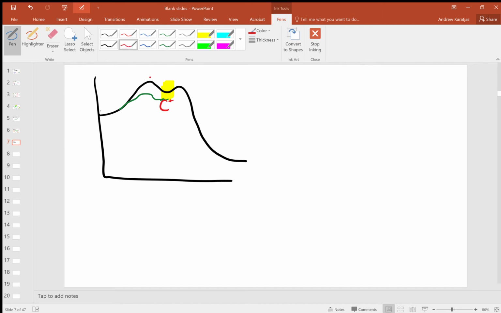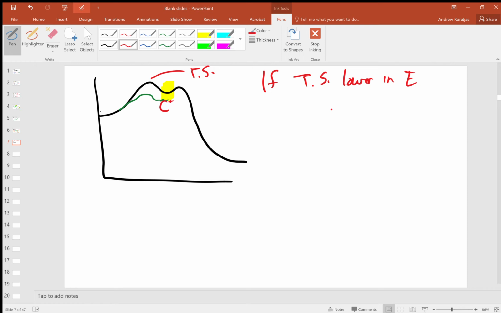That maximum point being our transition state. Well, if the transition state is lower in energy, then that results in a lower activation energy and a reaction that takes place more easily. So these reactions will, in most cases, again, give the product that comes from the most stable intermediate.